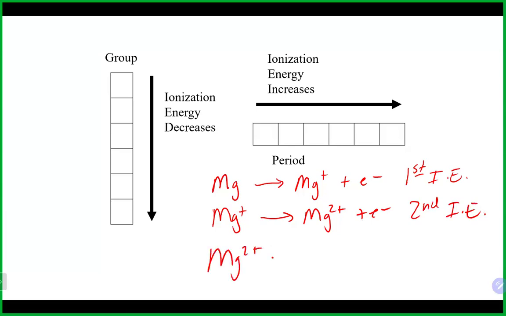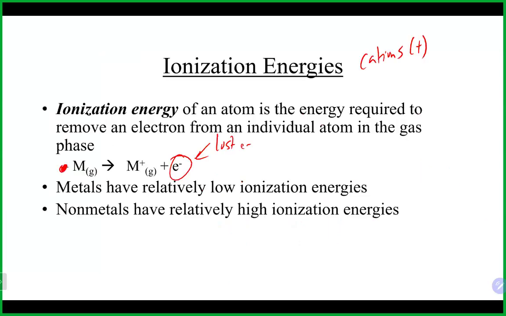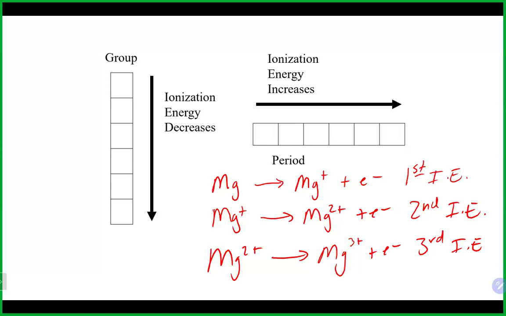And so forth. Each time an electron is lost, there's an ionization energy associated with it. So the first ionization energy is the energy required to remove the first electron. Second ionization energy is the energy required to remove the second, and third, and fourth, and so forth.